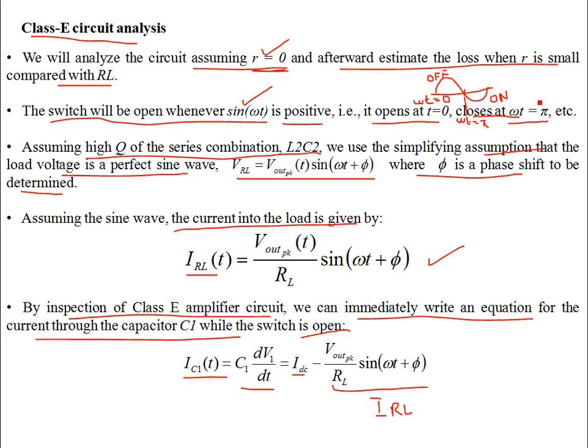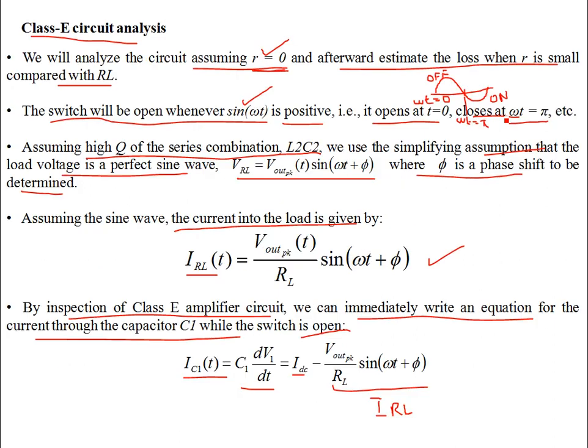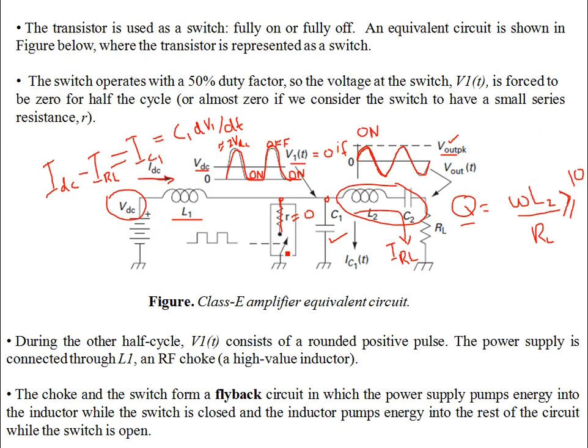What happens at omega t equal to pi is that the switch is closed, so IC1 is 0, because once the switch closes you are shorting out this capacitor. This is a short circuit, so all the current flows through the transistor once the switch is closed. So IC1 is 0 over here.